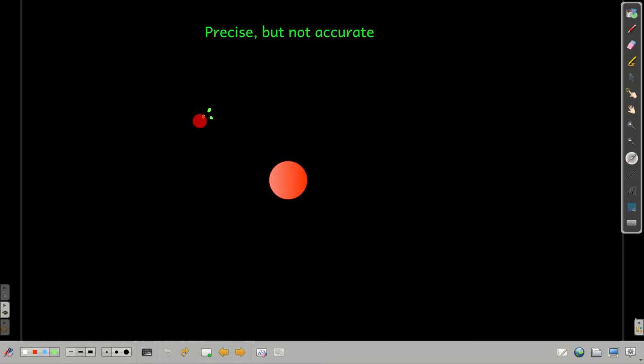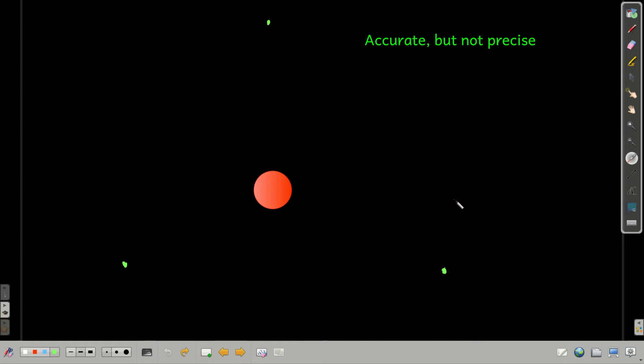We took 3 measurements. They were pretty close to each other, and that means those 3 measurements are precise, but they're not very accurate because the average of these 3, which is right about in the middle of them, is not very close to the middle of the bullseye, or the true value. So we can have measurements that are precise but not accurate.